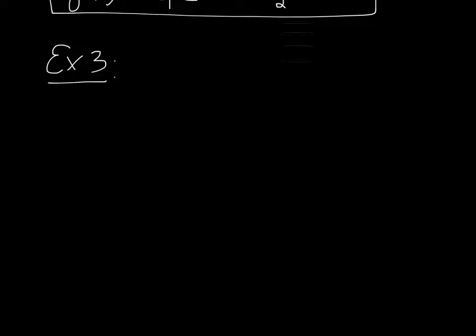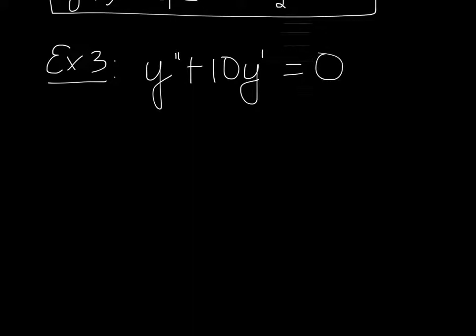I used y double prime plus 10y prime equals 0. So here's our linear homogeneous differential equation, because we have 0 on the right hand side. So we can use our characteristic equation to help us find the roots, or we can again transform it to a polynomial.